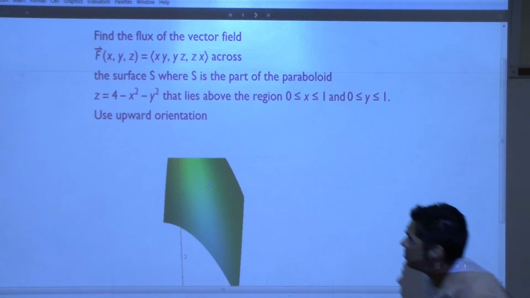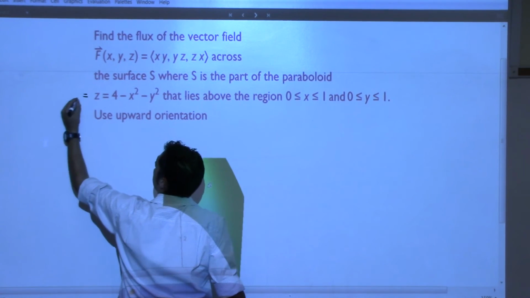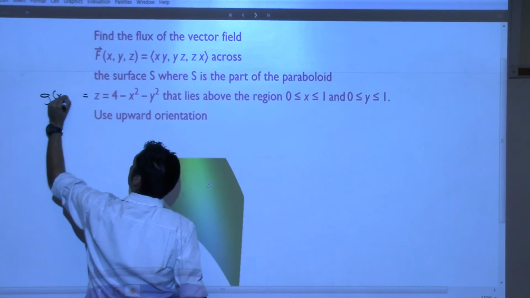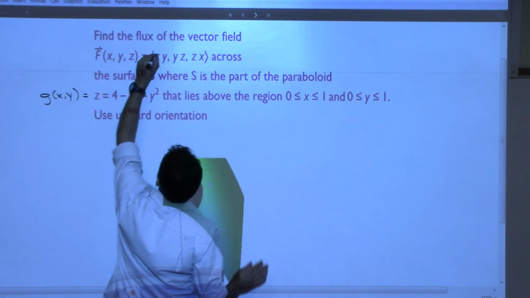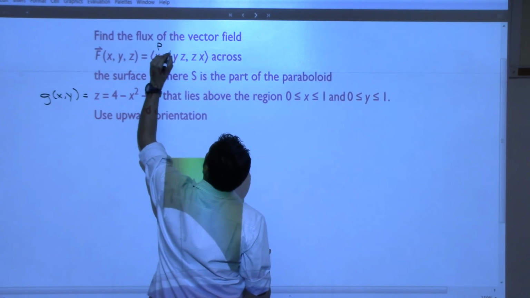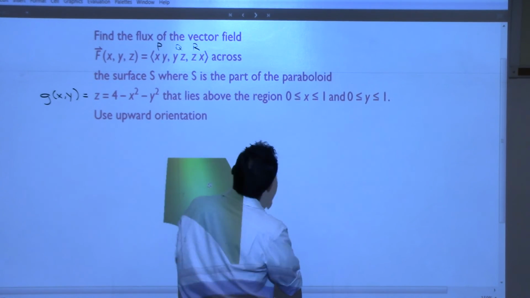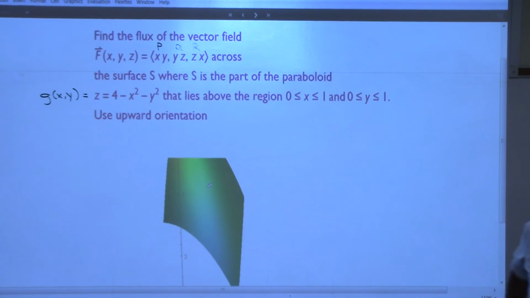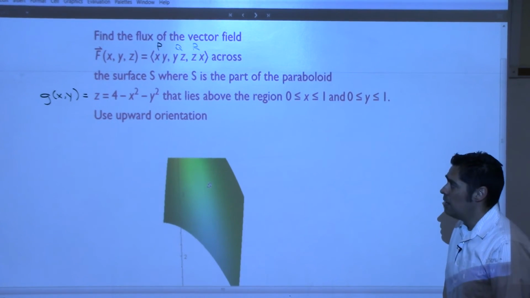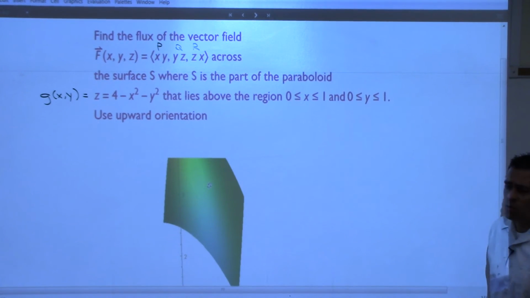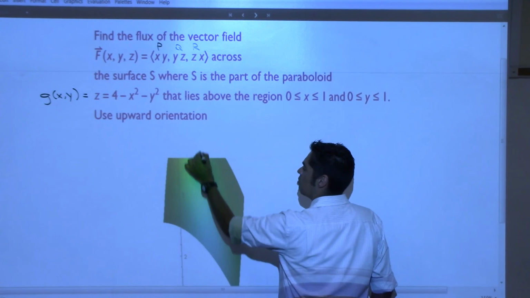So this is g of xy. This is P, Q, R right there, right? And since it is a function of x and y, I can use a shortcut. It's telling me to use upward orientation for the normal vectors. So I want to imagine my normals are coming up here.